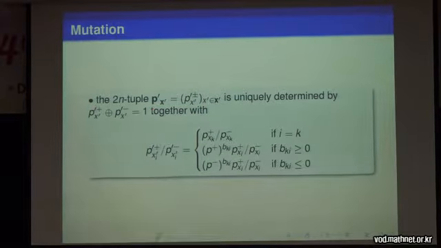For this twin tuple, we can also say the coefficients can be uniquely determined by this normalization condition together with this one.